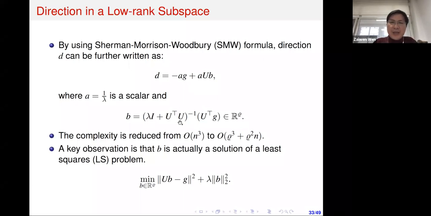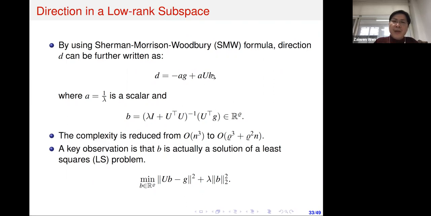But B is defined in this way, and the size of this matrix is only the mini batch size. As I just explained, the batch size usually is quite small.